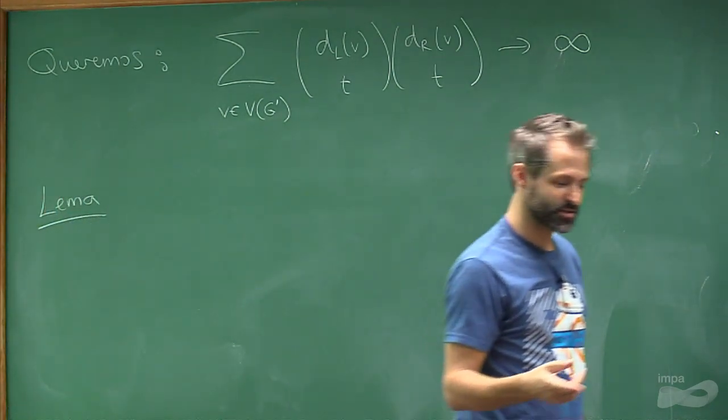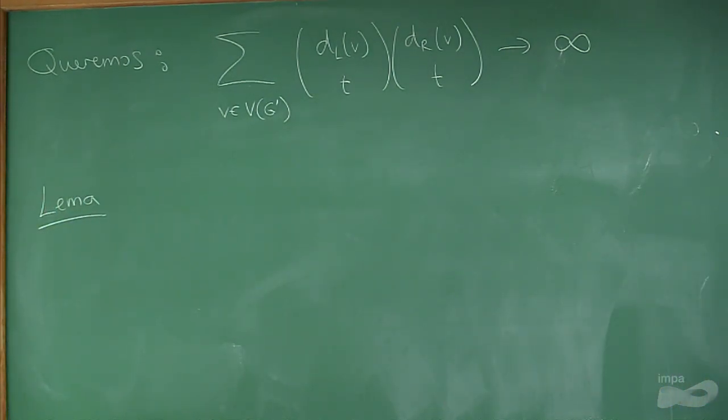So why was that lemma not strong enough? It gave us a very good lower bound on the min degree in terms of n, but that's not actually what we care about. What we care about is the density of our graph, right? It could be that the graph that we're going to work in is much smaller. What we want is the density of edges across to be at least a half, or strictly bigger than a half.